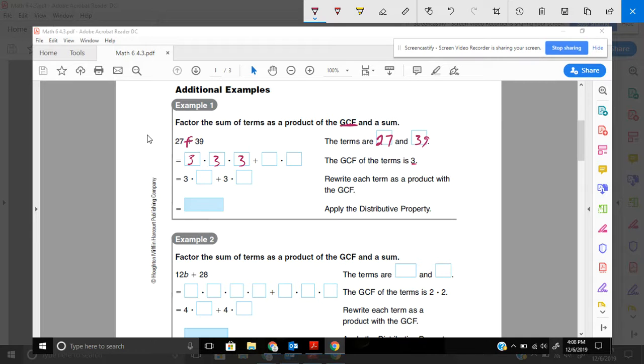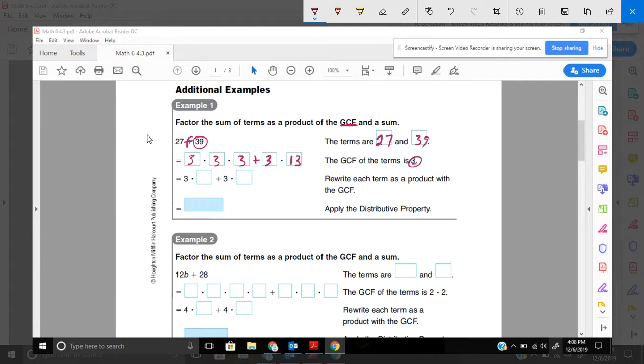Plus, we have to add to that. That's why you see the addition sign here. We also have to write 39 as a product of its greatest common factor. So we'll put down 3 because that's the greatest common factor we took out. And 3 times what number will give you 39? Well, that would be 13.